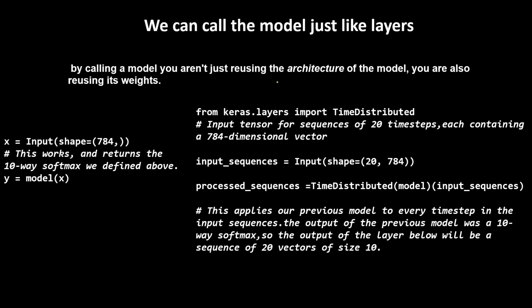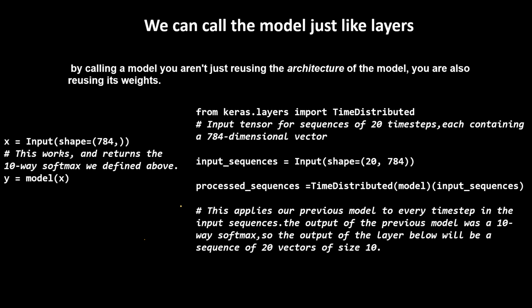So we can call this functional API model just like an individual layer. And when you are calling the model, you are not just reusing the architecture of the model, you are also reusing its weights. Let me explain how we are doing that.